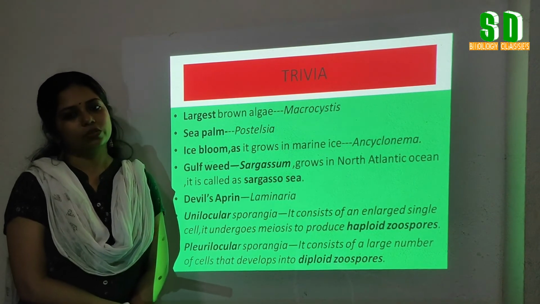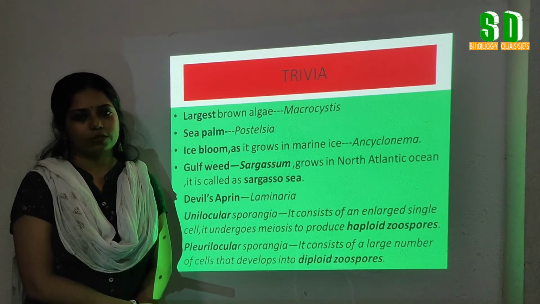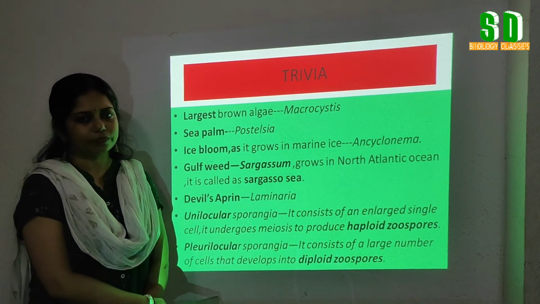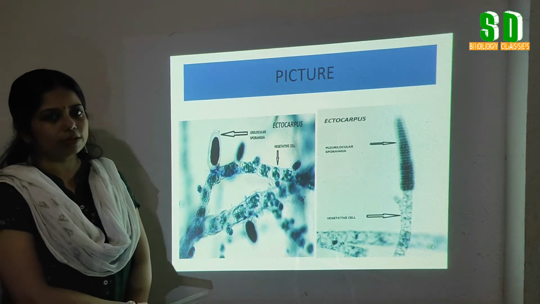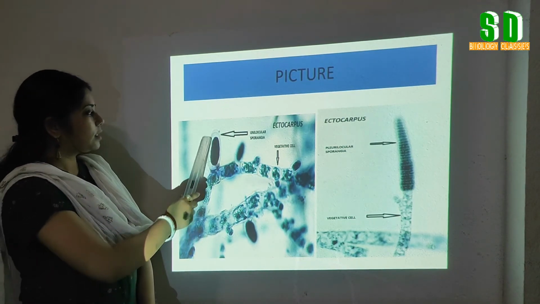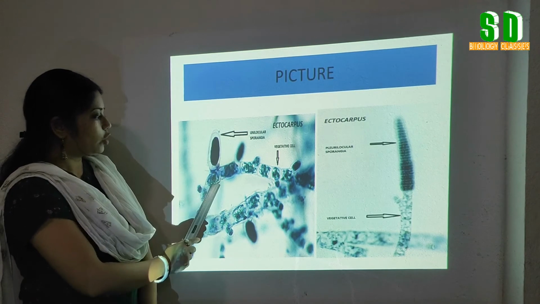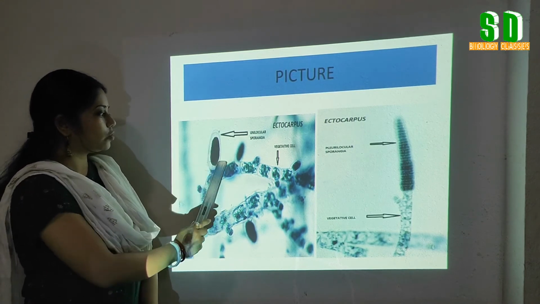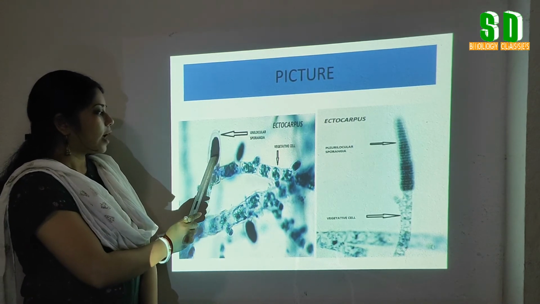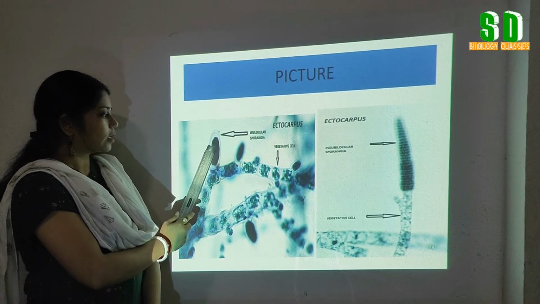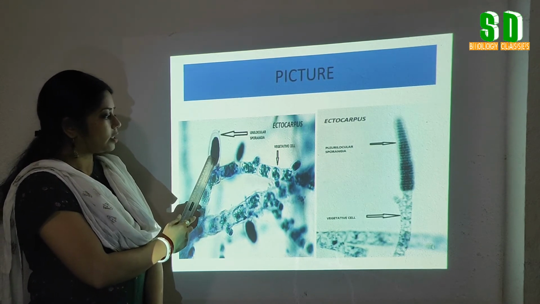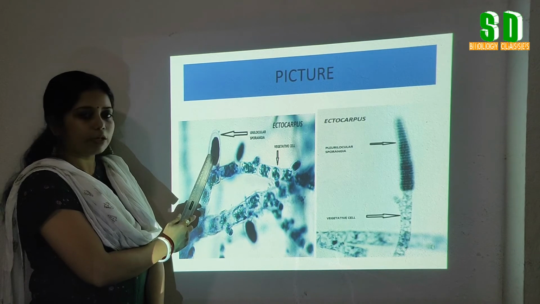Now we are going to talk about unilocular sporangia and plurilocular sporangia. What is a unilocular sporangium? A single cell of the filament is changed into the sporangium and it undergoes meiotic cell division and gives rise to haploid zoospores.